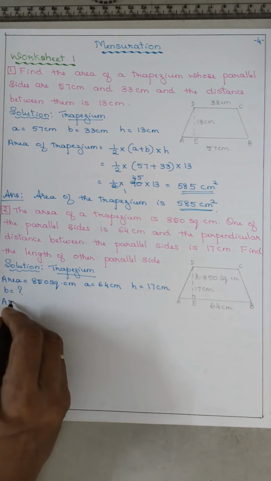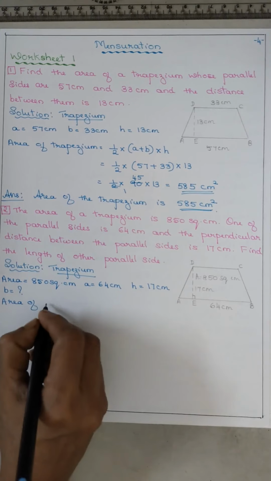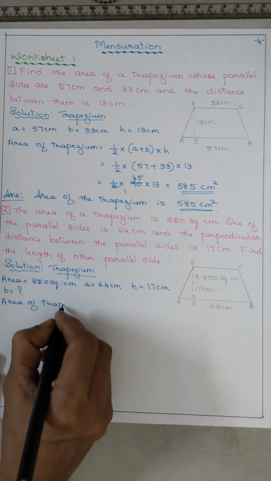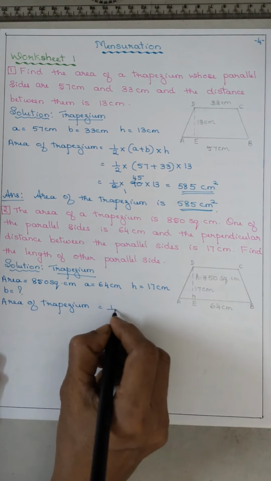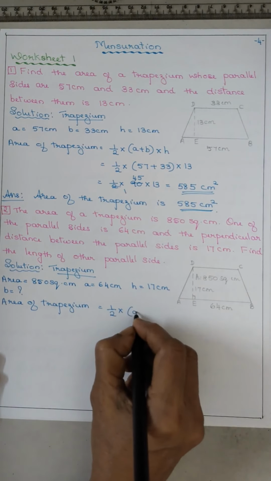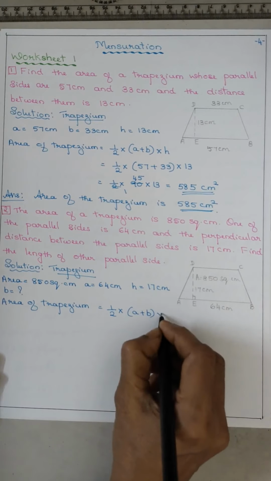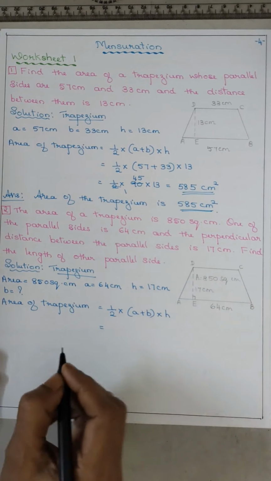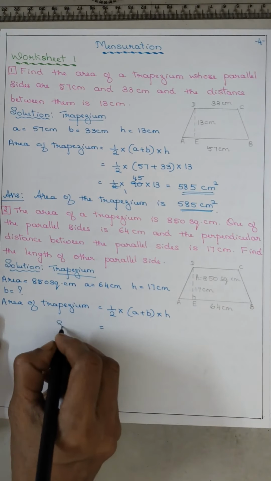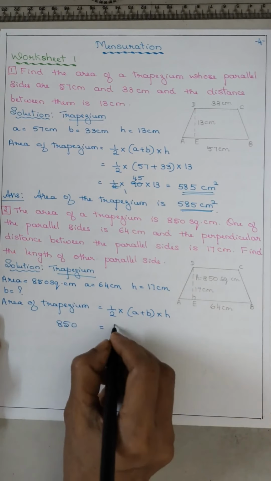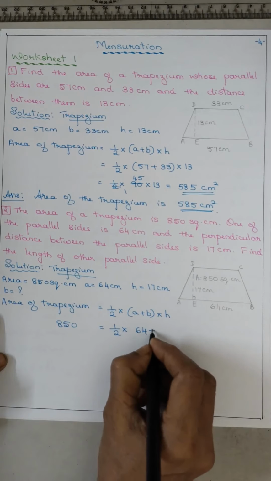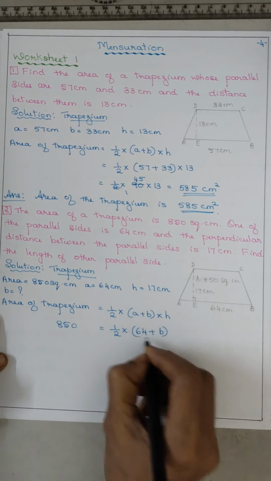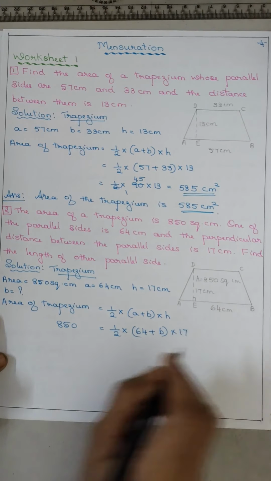So area of a trapezium is equal to half into A plus B into height. So area is given 850, half into A is 64, B you don't know, into 17.